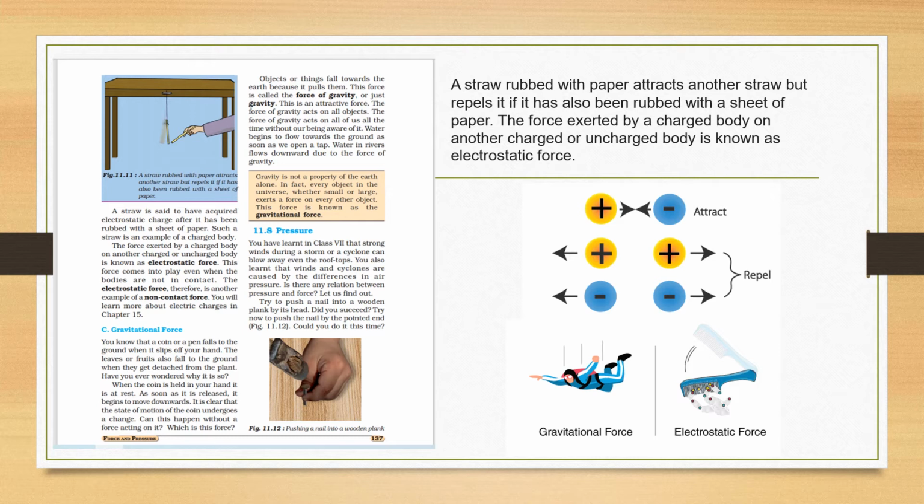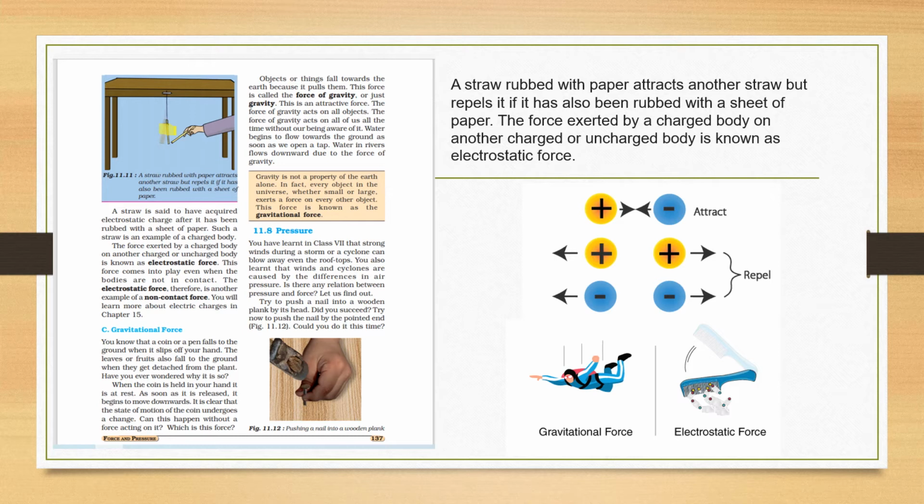So what do we see when we bring a straw rubbed with a piece of paper towards the other straw? It will attract it. And when we rub this straw as well with a piece of paper, then they will repel each other.